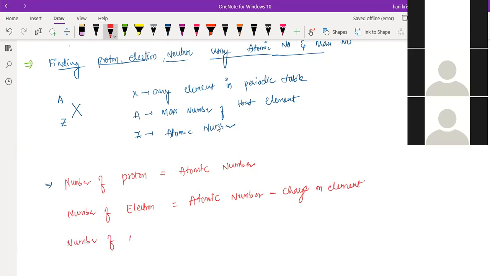And the number of neutrons is equal to the mass number minus the atomic number. So these are the three formulas to calculate the protons, electrons, and neutrons.